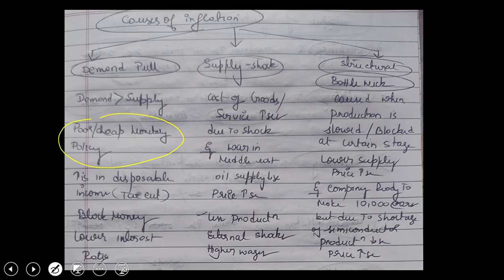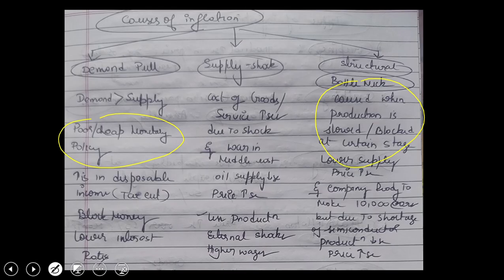Whereas, what do you mean by bottleneck inflation? This is caused when production is slowed or blocked at a certain stage. Due to the lower supply, price increases.